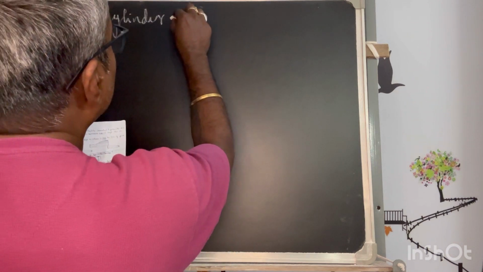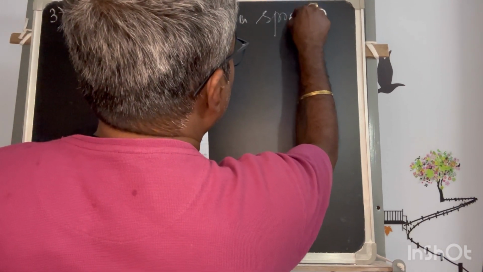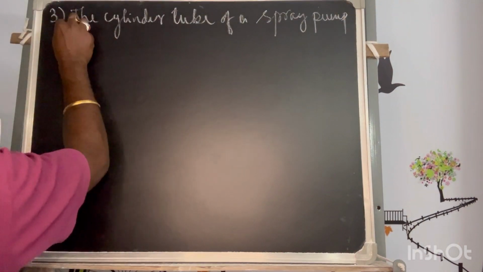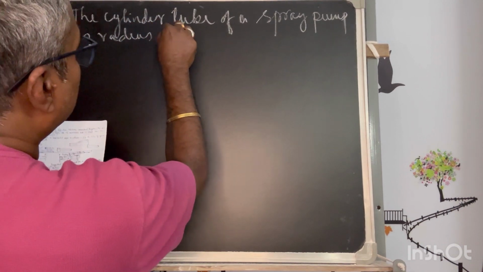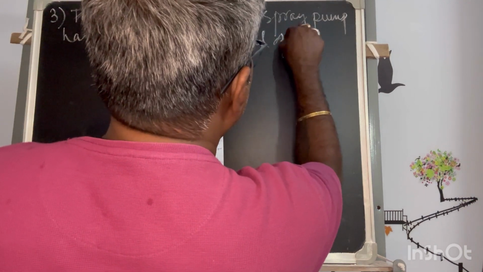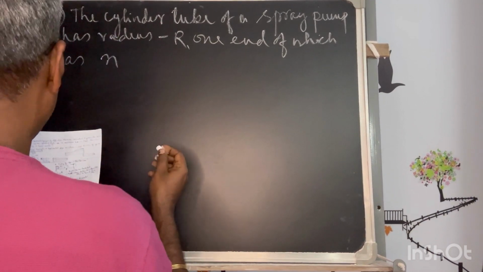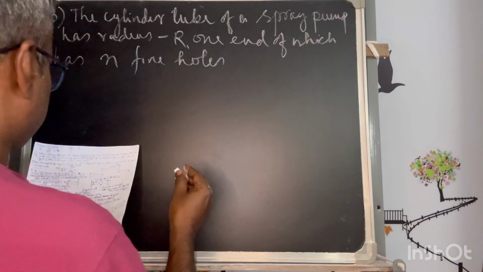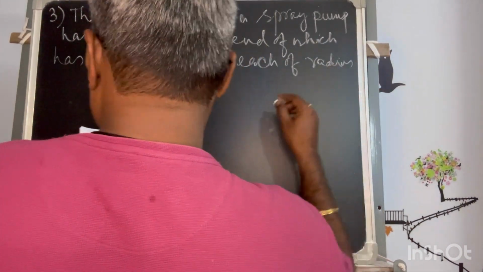Tube of a spray foam has a radius R, capital R, one end of which has fine holes, each of radius small r.